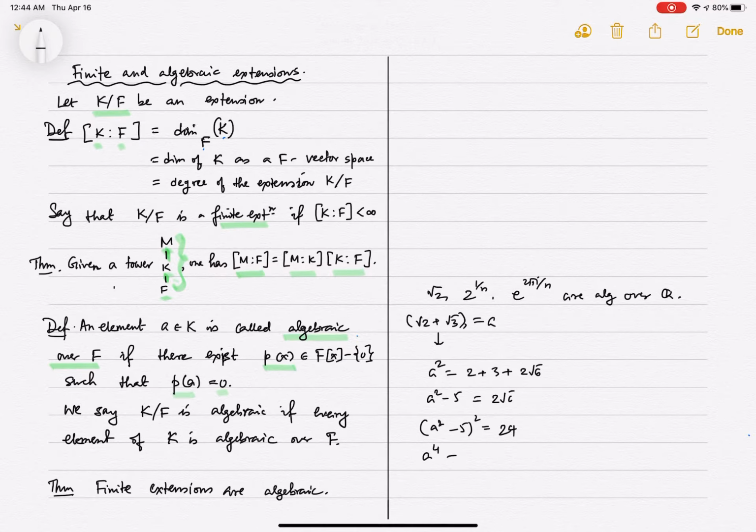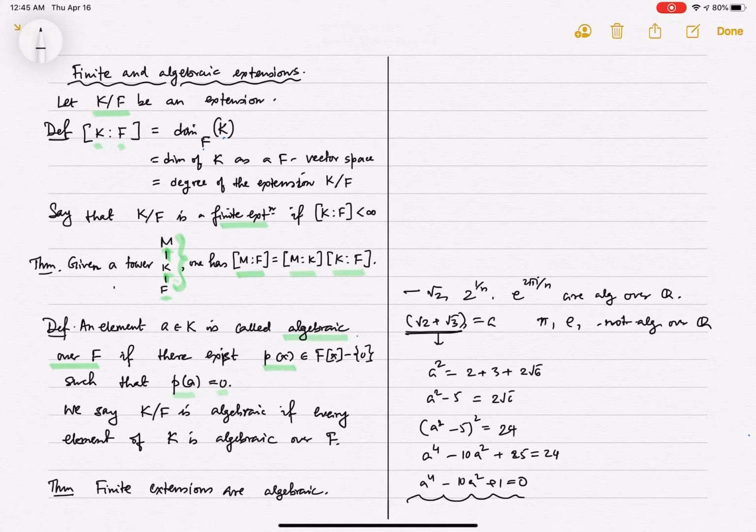So a to the 4 minus 10a squared plus 25 is 24. So a to the 4 minus 10a squared plus 1 is 0. Here is a degree 4 polynomial that this number satisfies. So it's an algebraic number. So you have such algebraic numbers versus pi, e. These are famously non-algebraic.